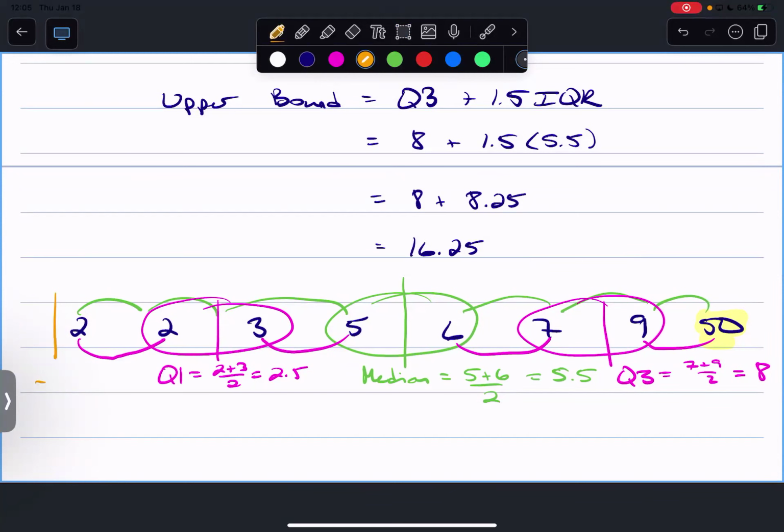We just had this negative 5.75. And now, the reason I picked 50, of course, was to show that 16.25 would fall somewhere between 9 and 50, right? So now all of a sudden, I have an outlier and it's on the upper end.